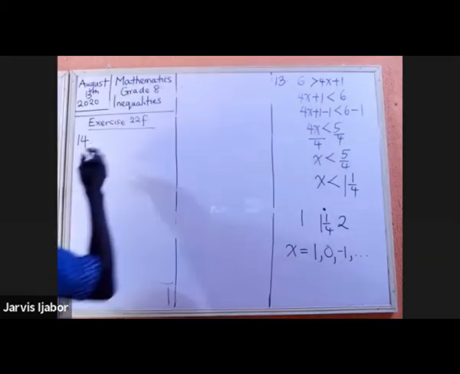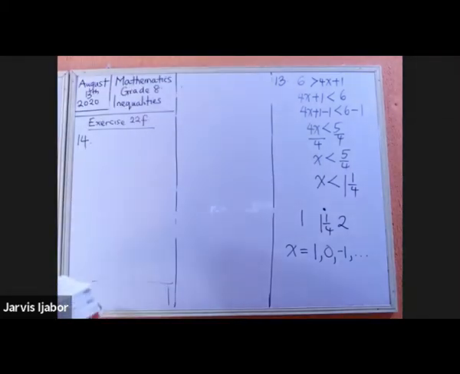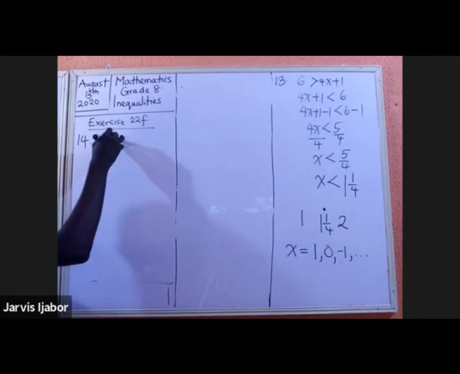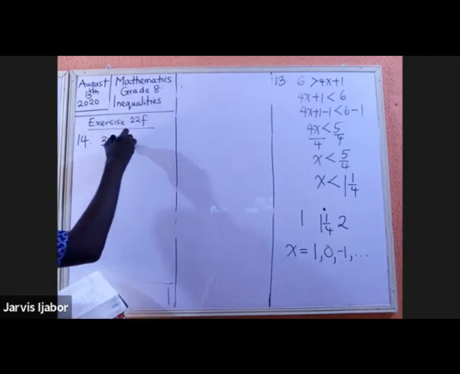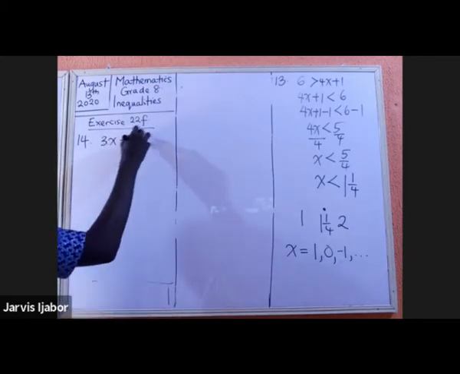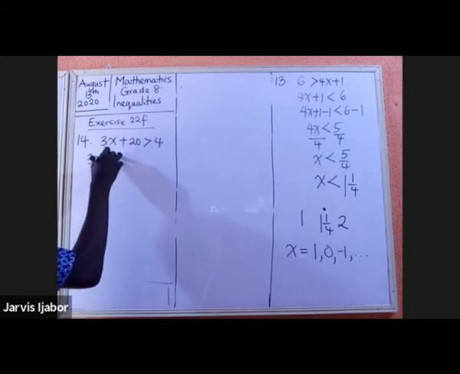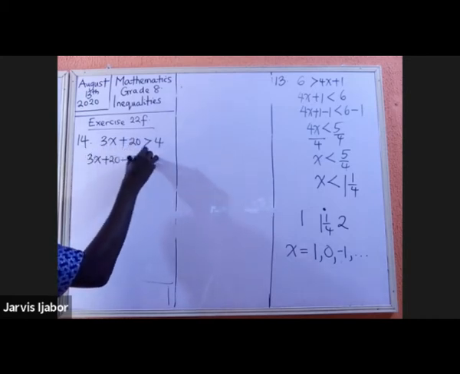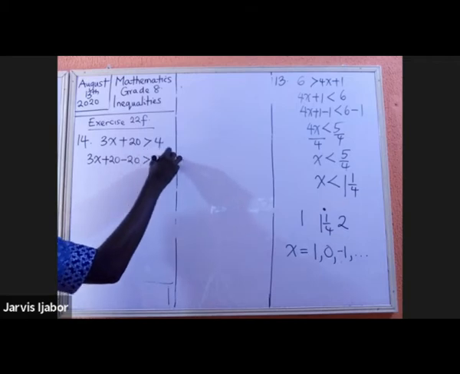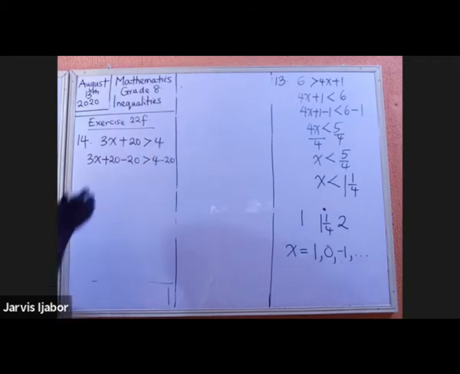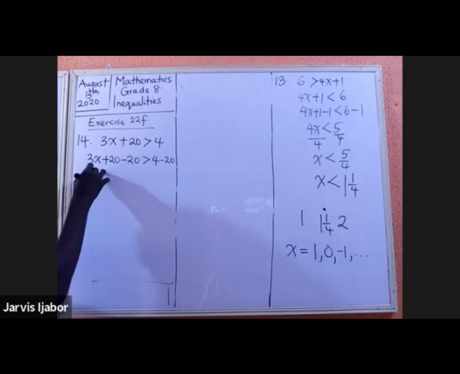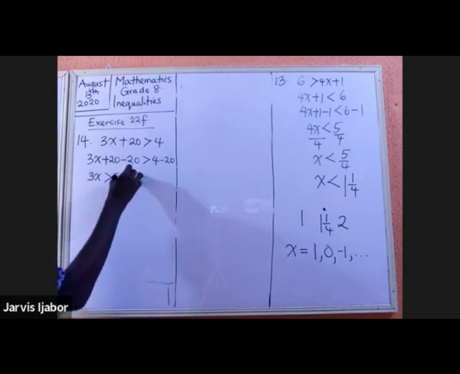Okay, question 14. It says 3x plus 20 is greater than 4, meaning that 3x plus 20 minus 20 is greater than 4 minus 20. Right, so that means that 3x is greater than negative 16.